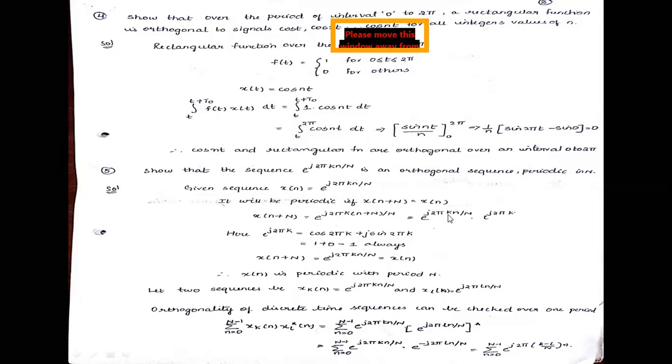Split that into e power j 2 pi k small n by capital N and e power j 2 pi k capital N by capital N. Both get cancelled here, capital N by capital N. Okay.